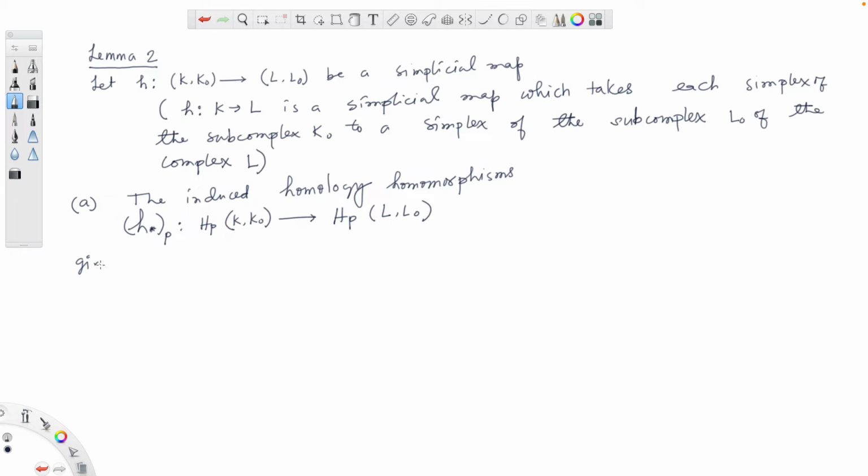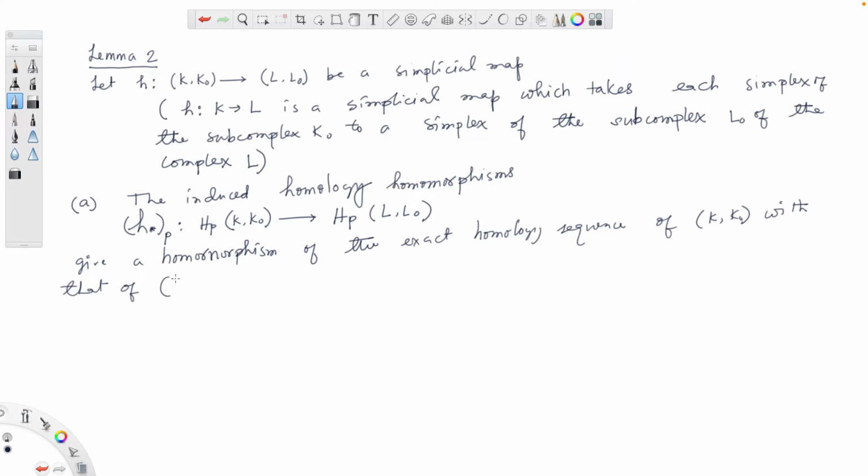Give a homomorphism of the exact homology sequence of the pair K comma K0 with that of L comma L0.